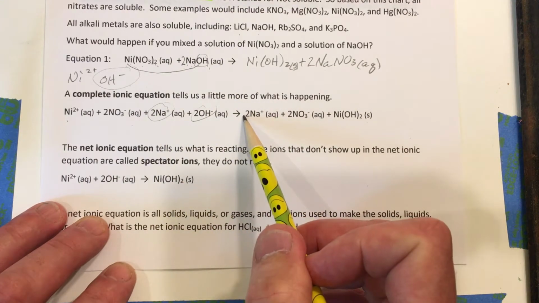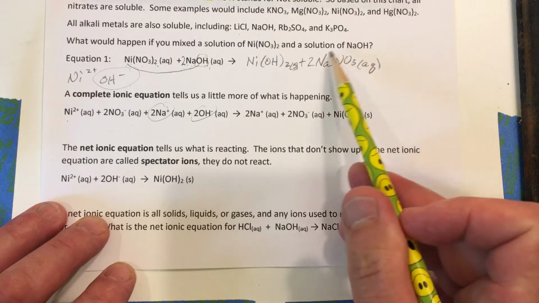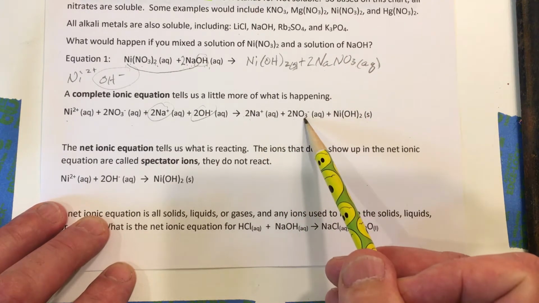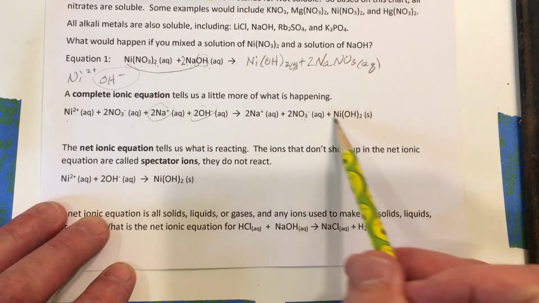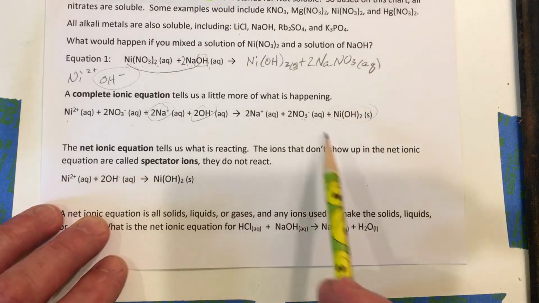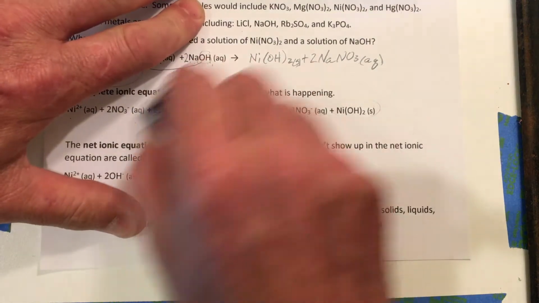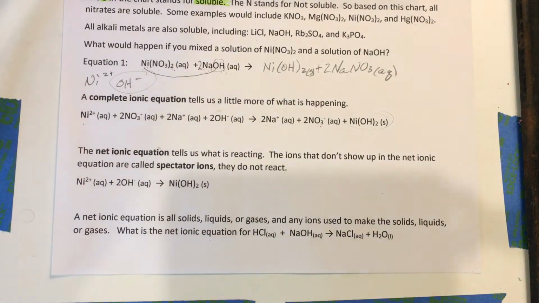And then on the product side, the ions that haven't come together, that are still aqueous ions, 2 sodiums and 2 NO3 minuses. And then the nickel hydroxide I leave as a solid precipitate. So there's the complete ionic equation showing all the ions in solution before and after, and showing any solids, liquids, or gases.